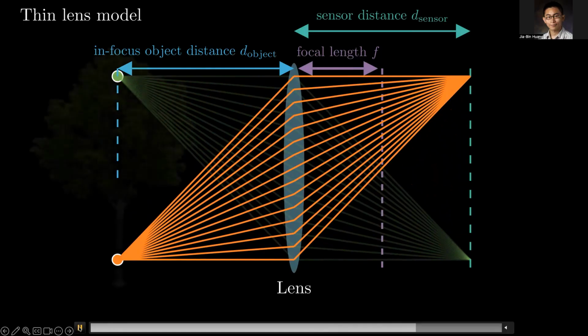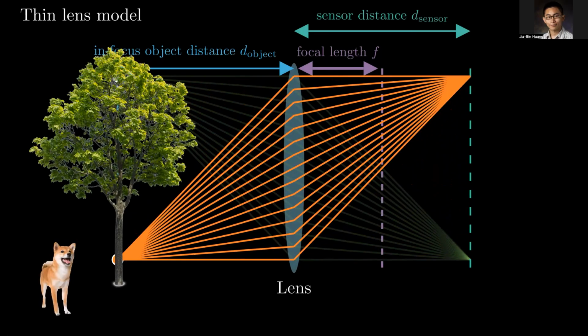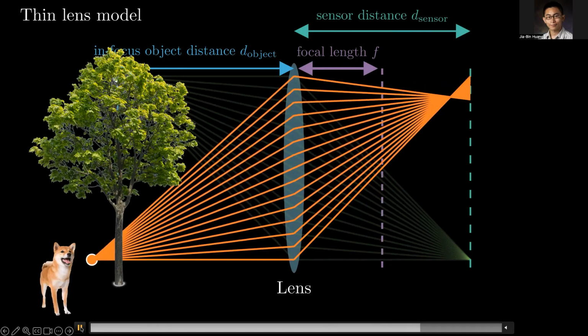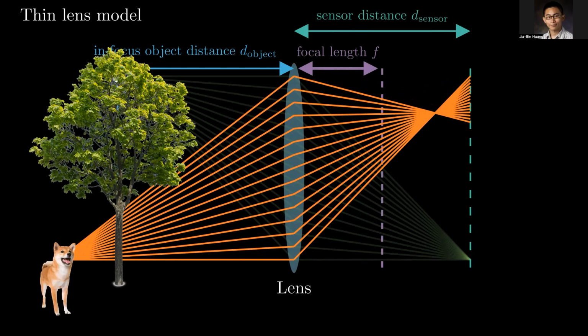If there's a dog here, it's further away from the focus plane. So what will happen in this case? You can see now that they're not really in focus.